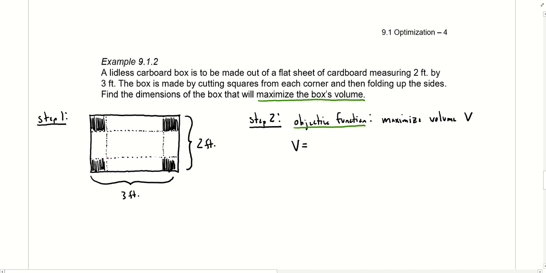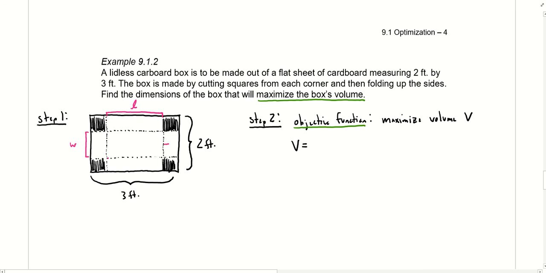Let's say that this is my length. I'll call that L. Let's say this is my width. I'll call that W. And the height is going to be determined by how wide these side pieces are.